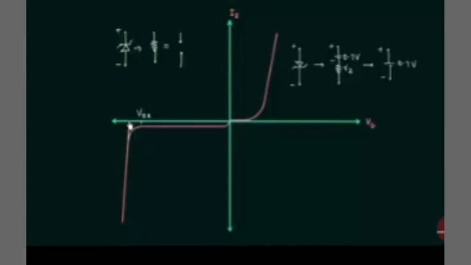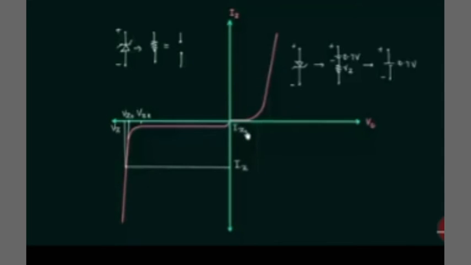This voltage is Vz naught, and let's take a random point on this linear region and the corresponding current. The corresponding current is Iz, the corresponding voltage is Vz, and this current here is Iz K. This is the knee current.